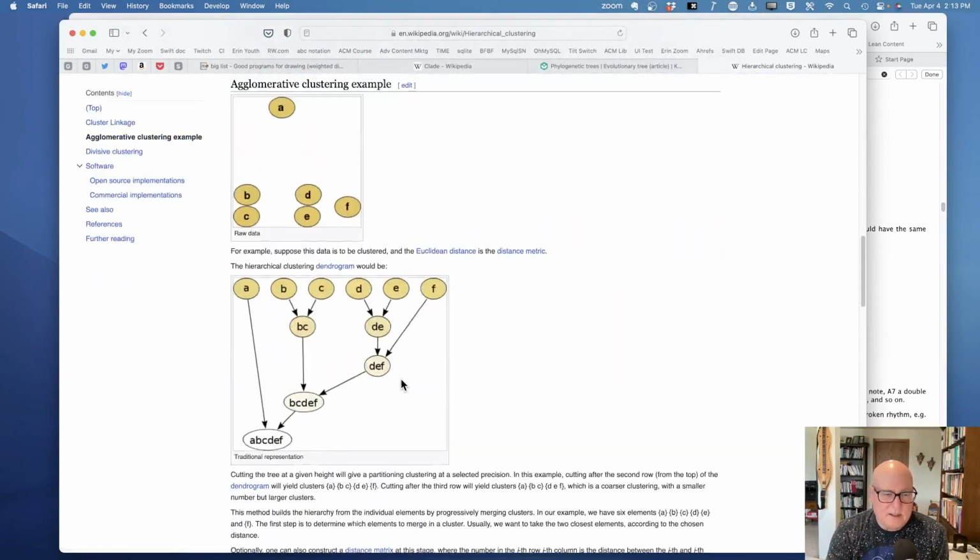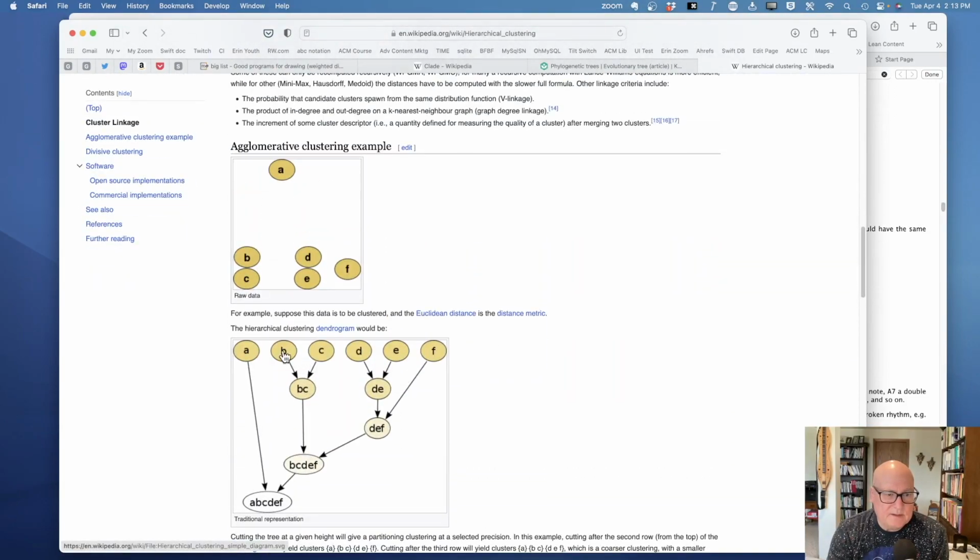But the idea is you find two that are close. I've seen a graphical drawing thing that did something like this, but you find two that are close to each other, and then you sort of imagine a center to their cluster. So maybe you have B and C next to each other, and the BC cluster surrounds them.